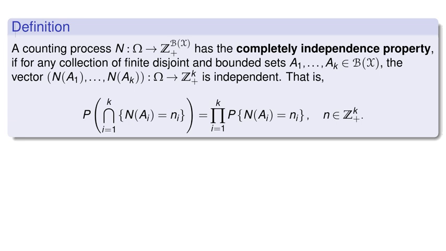That is, the probability of the intersection from i equals 1 to k of the event N of Ai equals ni is equal to the product from i equals 1 to k of the probability that N of Ai equals ni. This must hold for any vector of non-negative integers n1 through nk.